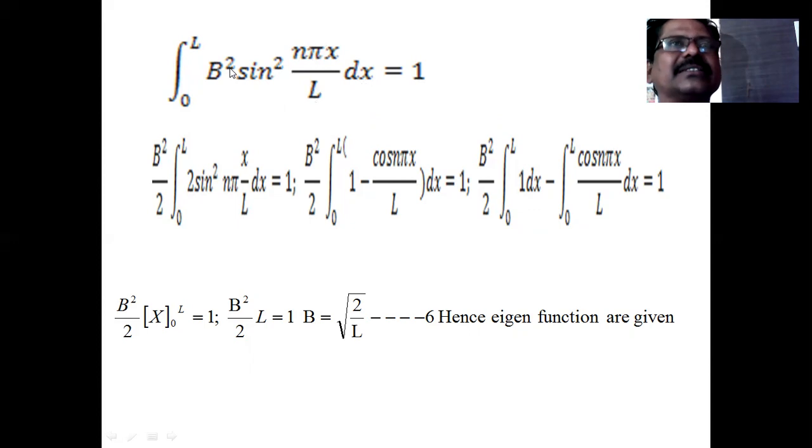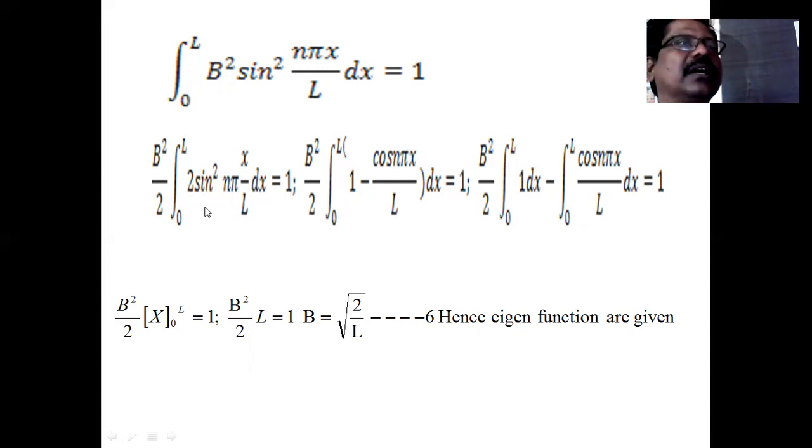You can put this as B square by 2 into 2 sine square (n pi x by L) dx, equal to 1.